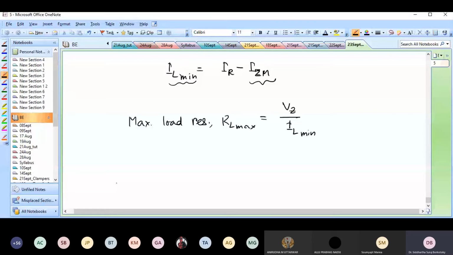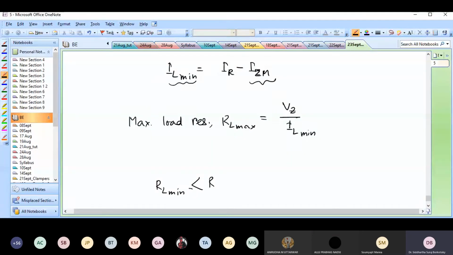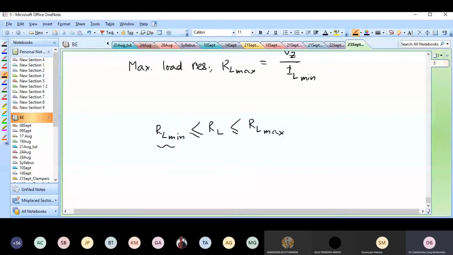You have to make sure that your RL is between RL min and RL max, where we have already found that RL min is R VZ divided by VI minus VZ, and RL max is VZ by IL min. So we have to be operating in this range.